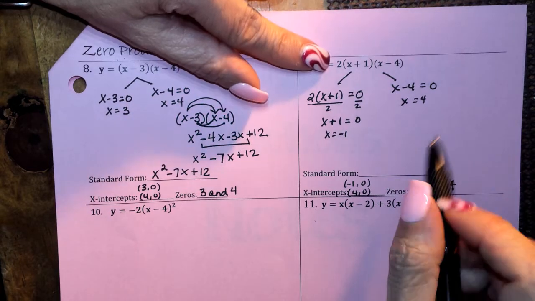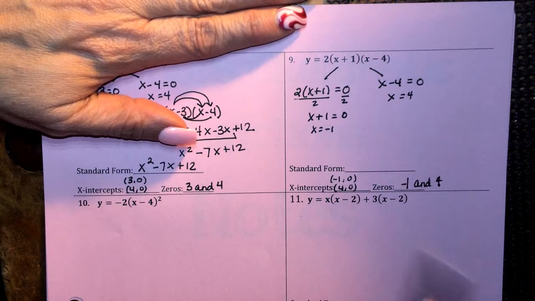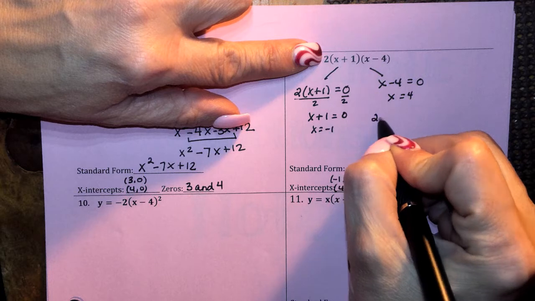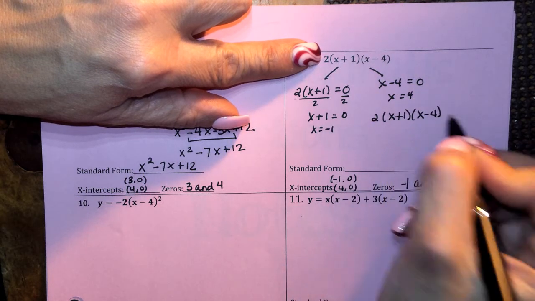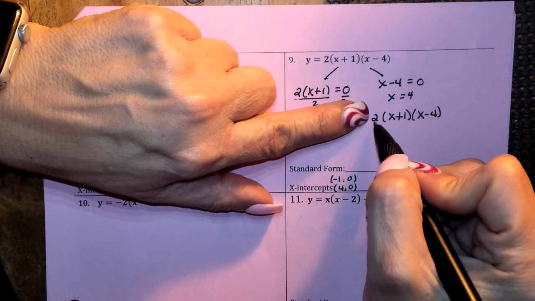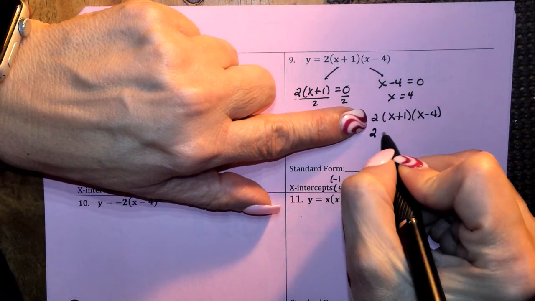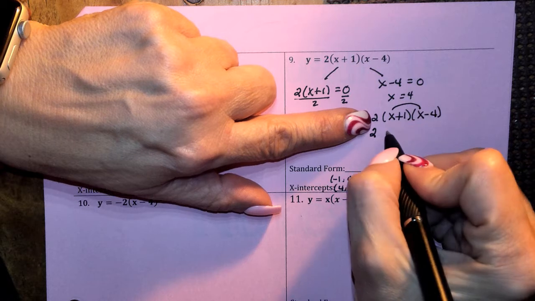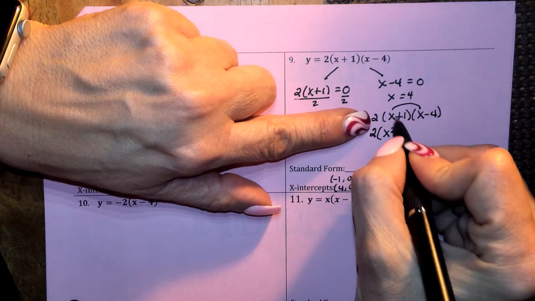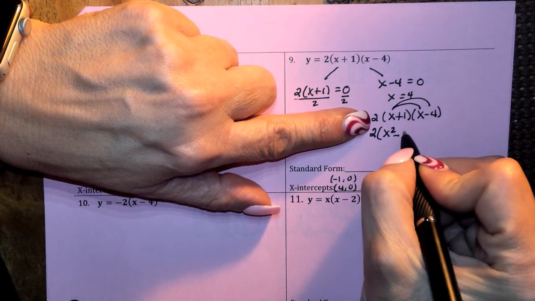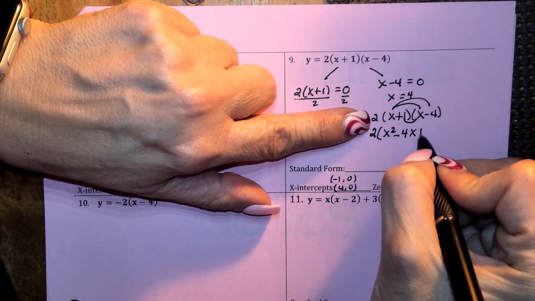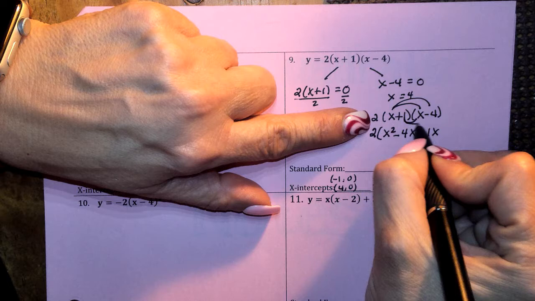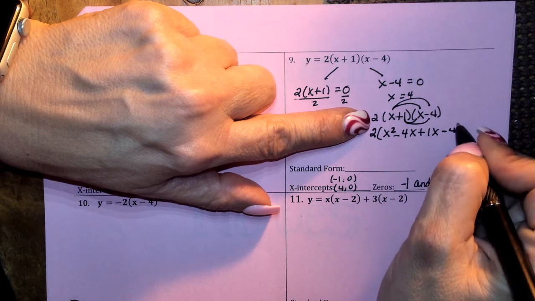But when you go to do your standard form, the 2 is going to stay put. So we're going to do x plus 1 times x minus 4. I wasn't going to do this one, and now I am. I'm going to keep the 2 till the very end, so it's just going to come down. 2 across the top. X squared, negative 4x, 1 times x is plus 1x, and 1 times negative 4 is negative 4.